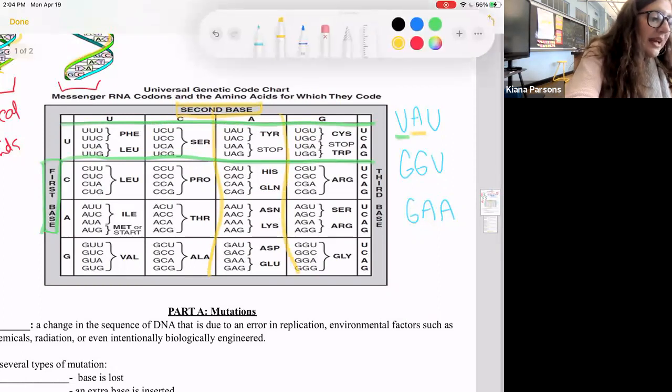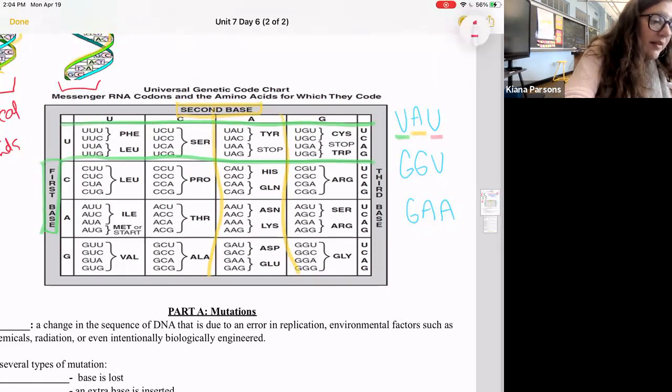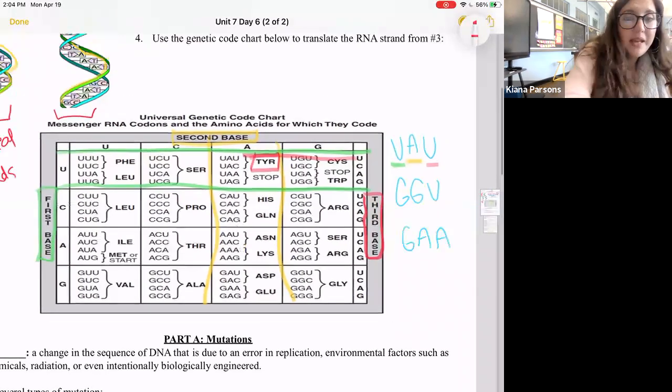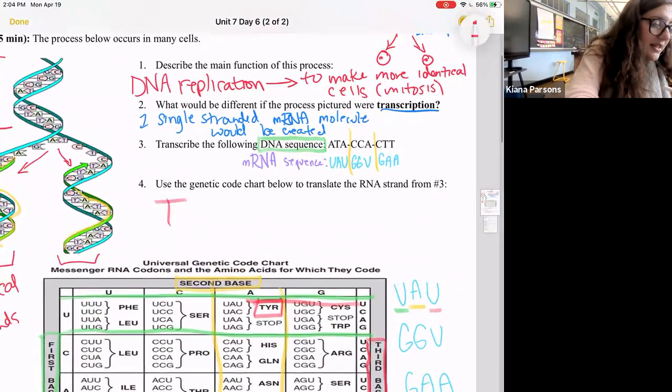And then the third base is U. So we have the third base over here on the right-hand side. So we already have identified our box. We're going to carry it over. And our first amino acid is TYR or tyrosine.